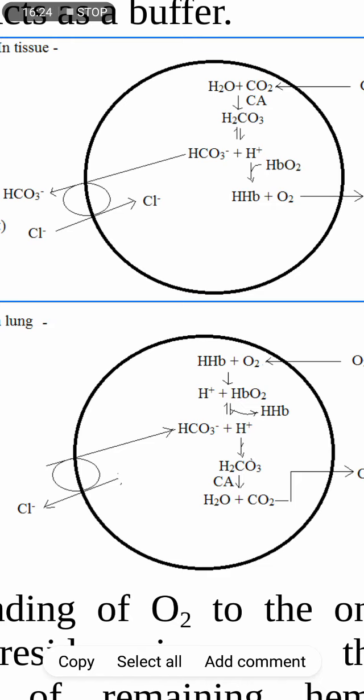What do you mean by buffer? A buffer is composed of a weak acid and its conjugate base. Here the weak acid is HHb and the conjugate base is oxyhemoglobin. So this is the buffering action of the RBC.